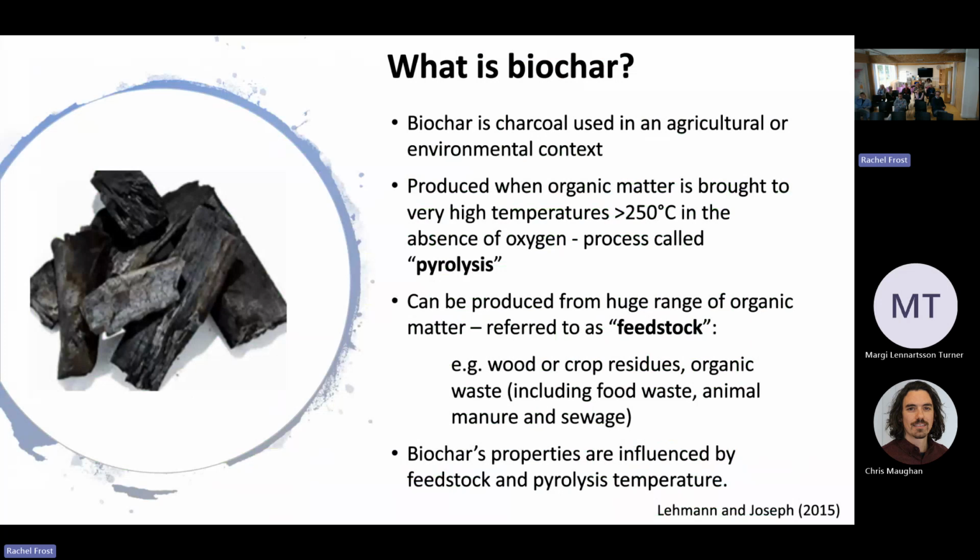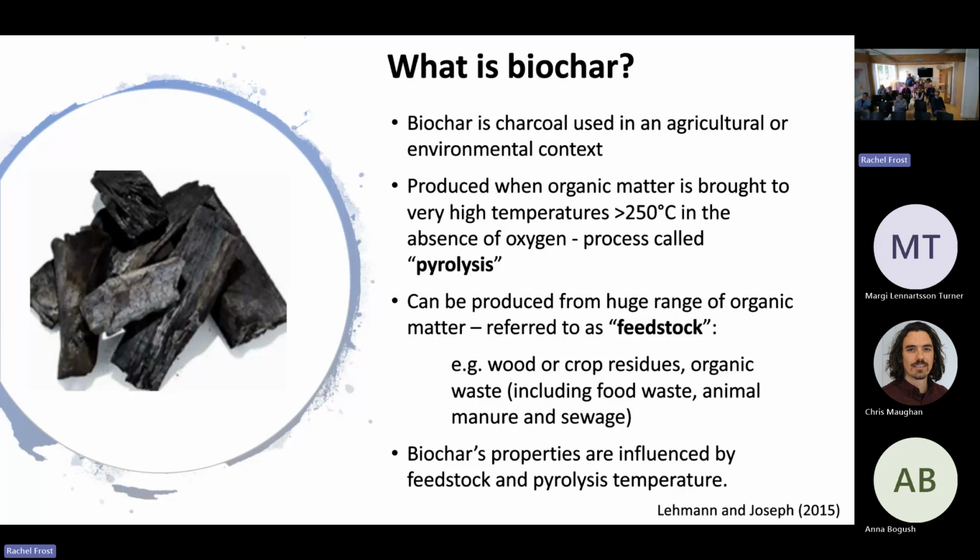And it's made when any organic matter is brought to very high temperatures, usually above 250 degrees, in the absence of oxygen. So it's not combustion like you get with fire because there's no oxygen. Instead, it's pyrolysis. So biochar can be made from a huge range of different feedstocks, from woody material, crop residues, through to things like sewage and manure wastes.